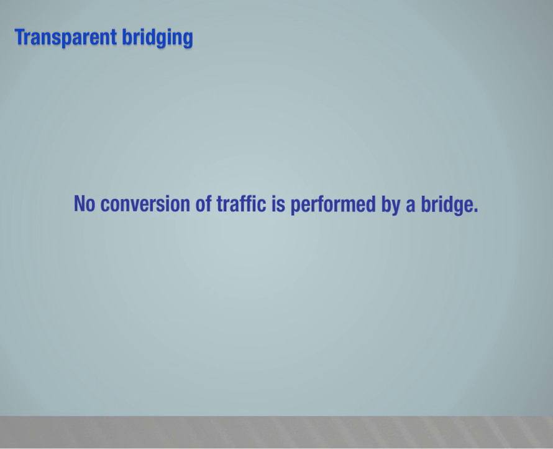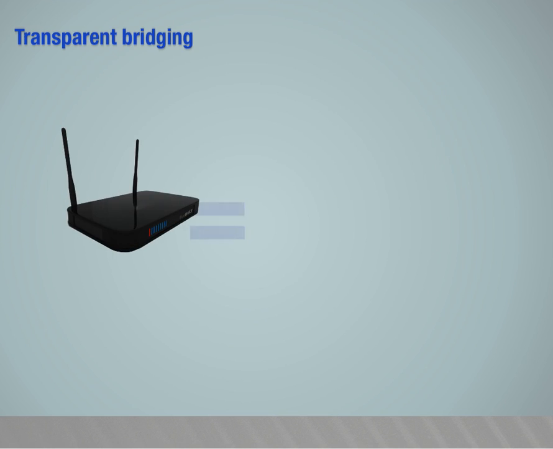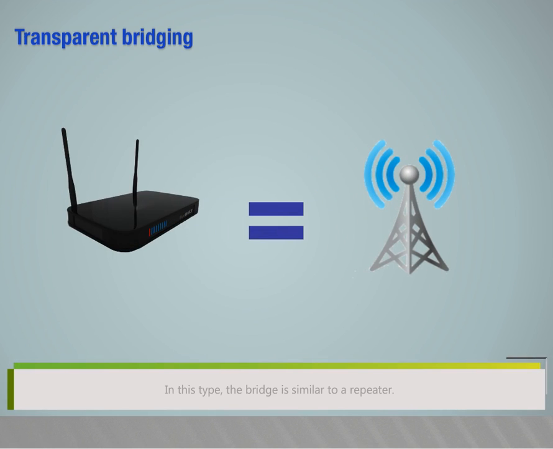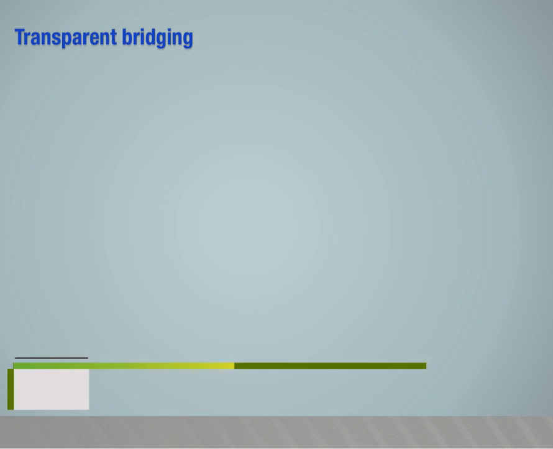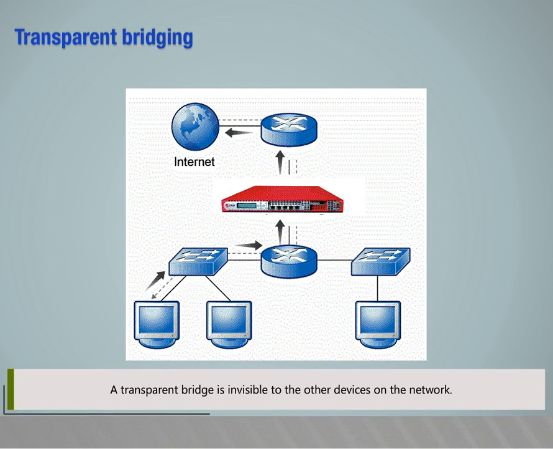No conversion of traffic is performed by a bridge. In this type, the bridge is similar to a repeater. A transparent bridge is invisible to the other devices on the network.